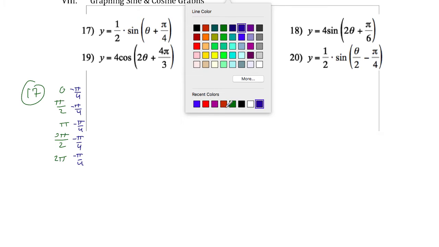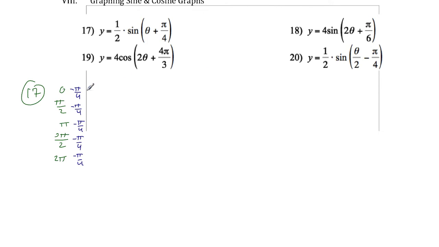When I subtract them, I'm going to get negative pi over 4. Here, pi over 2 is 2 pi over 4, minus pi over 4 is pi over 4. 4 pi over 4 minus pi over 4 is 3 pi over 4. 3 pi over 2 has a common denominator of 4, so that's 6 pi over 4 minus pi over 4, which is 5 pi over 4.